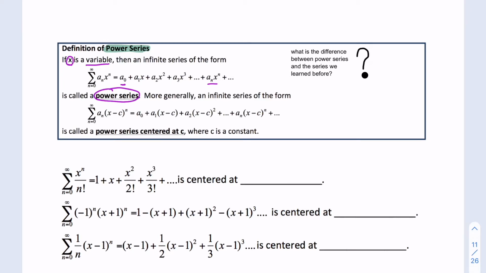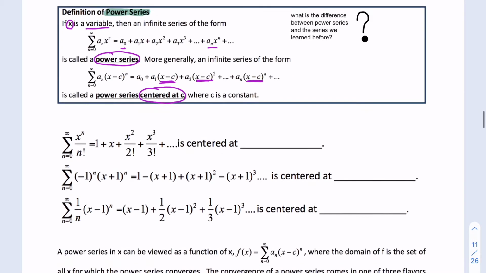All the powers have to be integers, and more generally, we replace x using x minus c. This is what we call a power series centered at c.